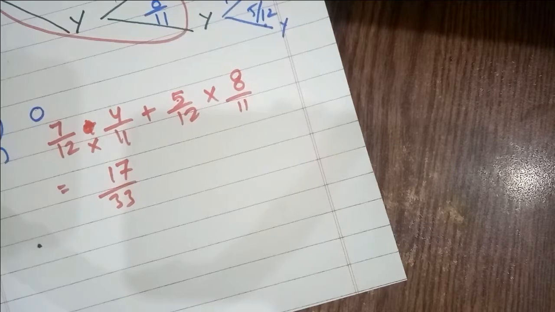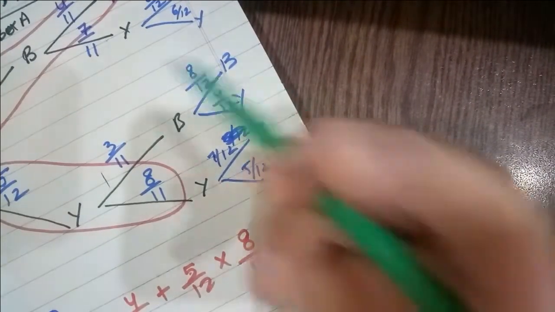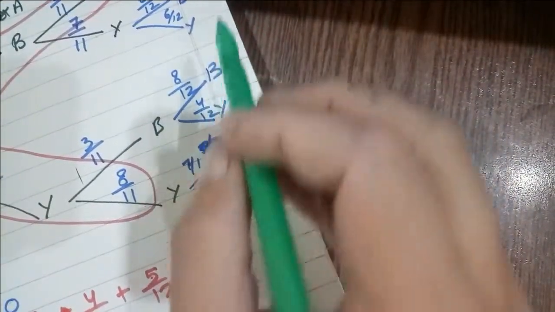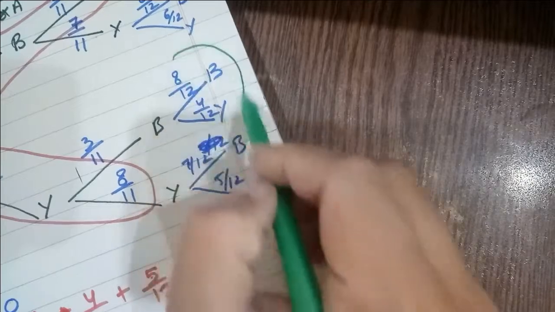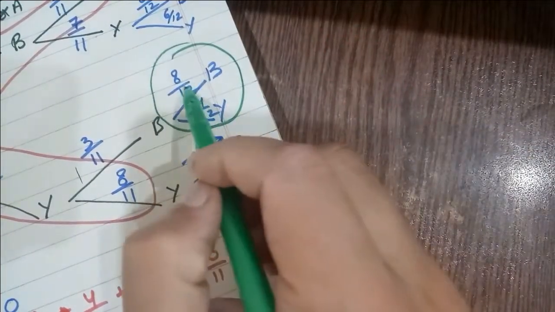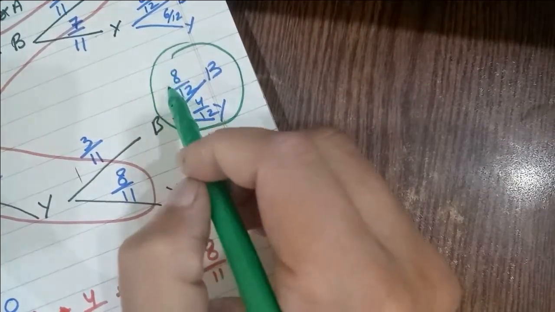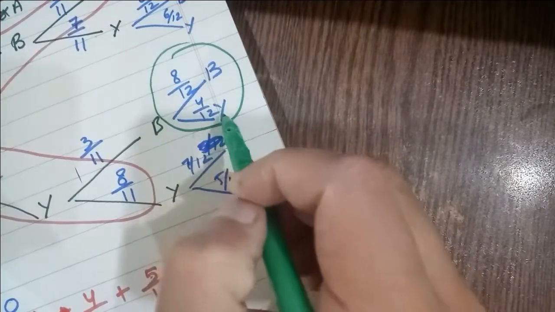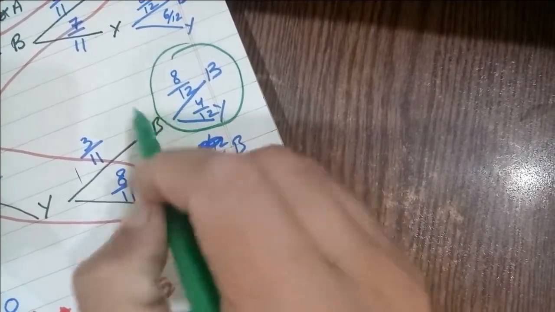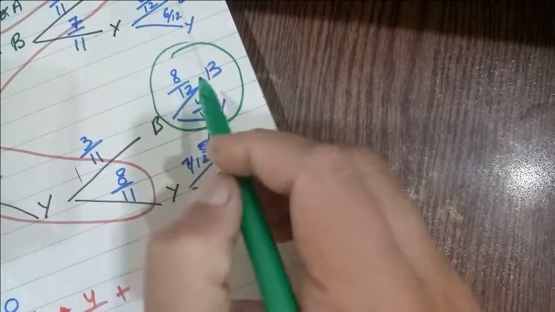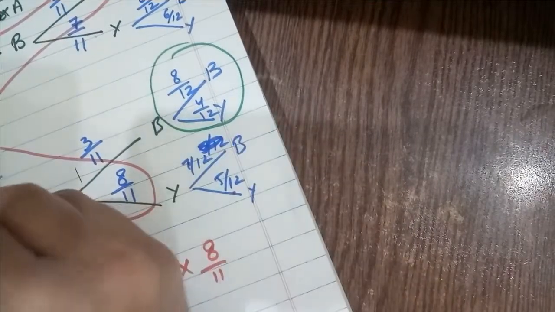Twice as many blue balls as yellow balls. So this branch gives twice: blue balls are 8 and yellow balls are 4. Actually it's double the number of yellow balls. So this branch gives it.